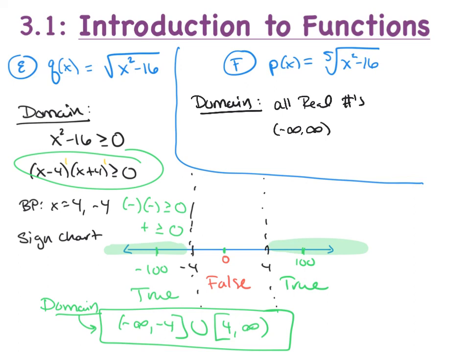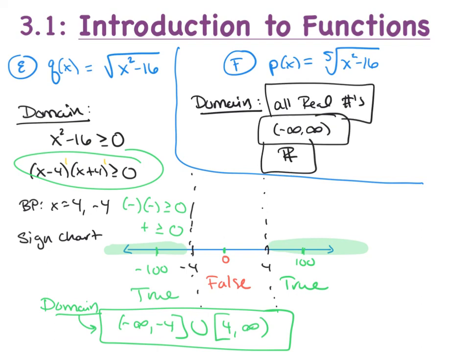Or maybe you write all real numbers as an extra bold R. But really, all those three things mean the same thing. X can be any number whatsoever. Most homework systems have negative infinity to positive infinity as their answer, but any version of that is fine. X can be any number at all. You can plug it in and out will pop a perfectly acceptable output.